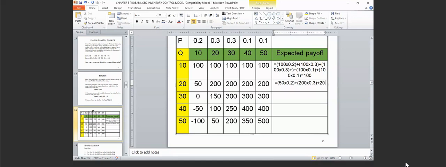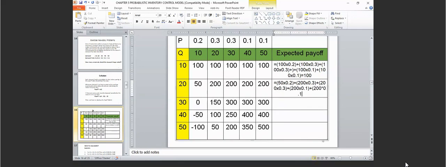So 200 multiply with the 0.3 and plus with the 200 multiply with 0.1 plus 200 multiply with 0.1.